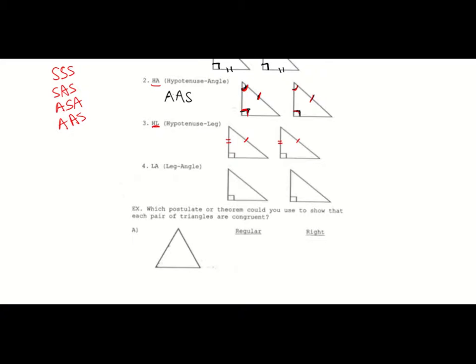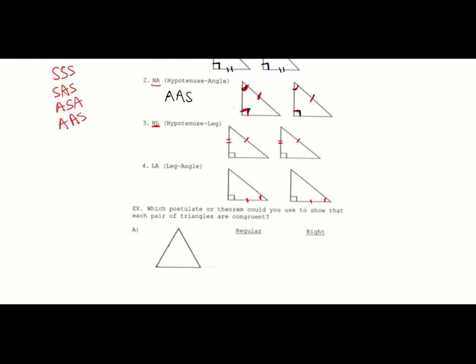Okay, our next one, our leg angle. This means that we have a congruent angle other than our 90 degree that matches up, and we have a leg that matches up, is congruent to each other.